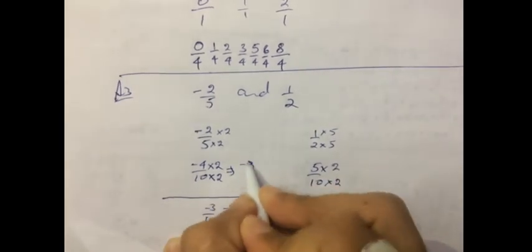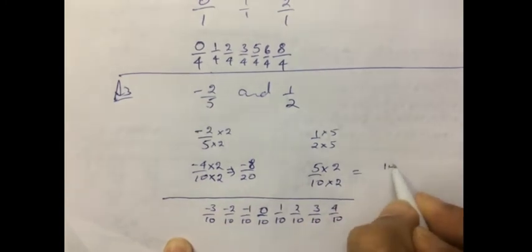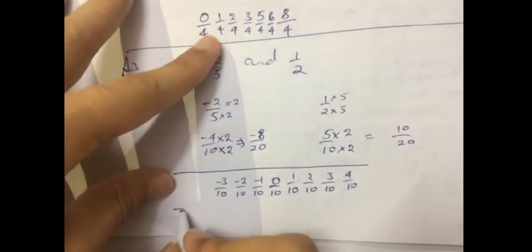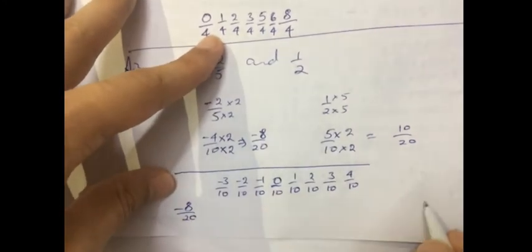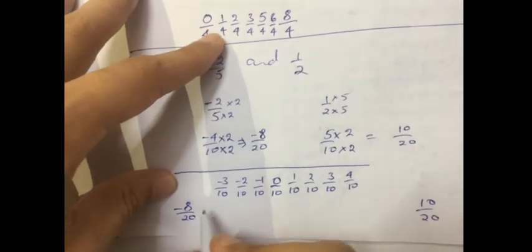It will become minus 8 by 20 and this will become 10 by 20. Now between minus 8 by 20 and 10 by 20 you can easily write 10 numbers.